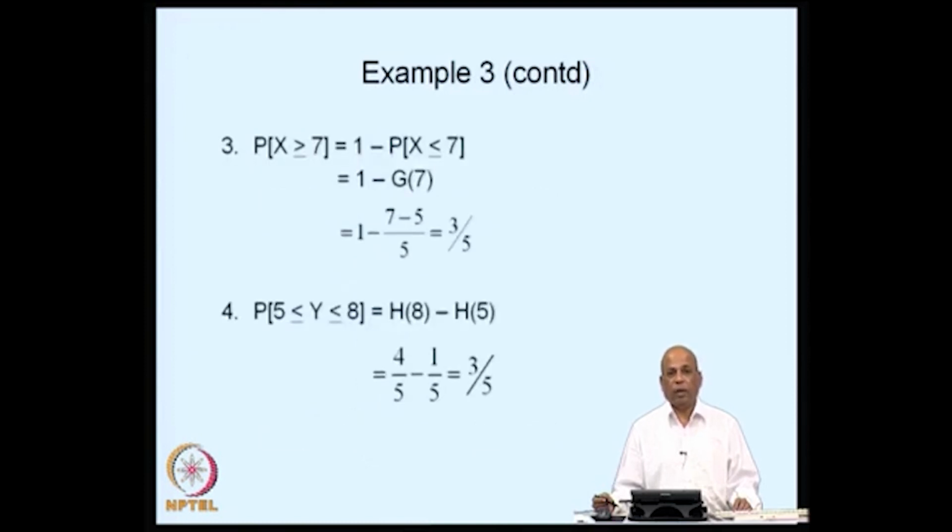From these we get the probabilities: probability of X being greater than or equal to 7 as 1 minus probability of X being less than or equal to 7, which is 1 minus G(7), which turns out to be 3 by 5. Similarly, probability of Y taking on values between 5 and 8 turns out to be 3 by 5.